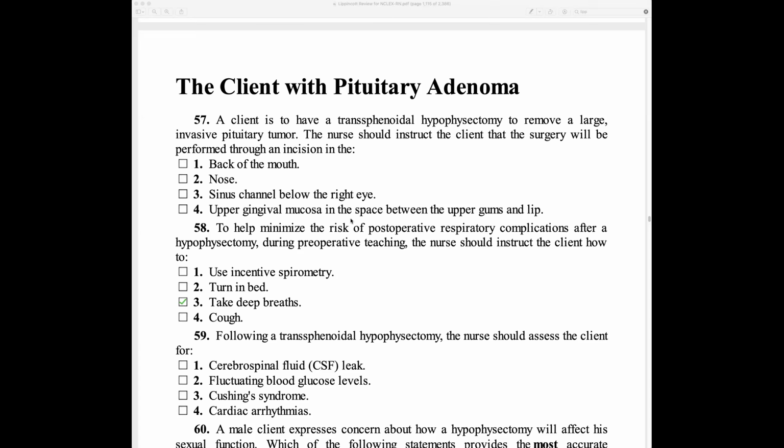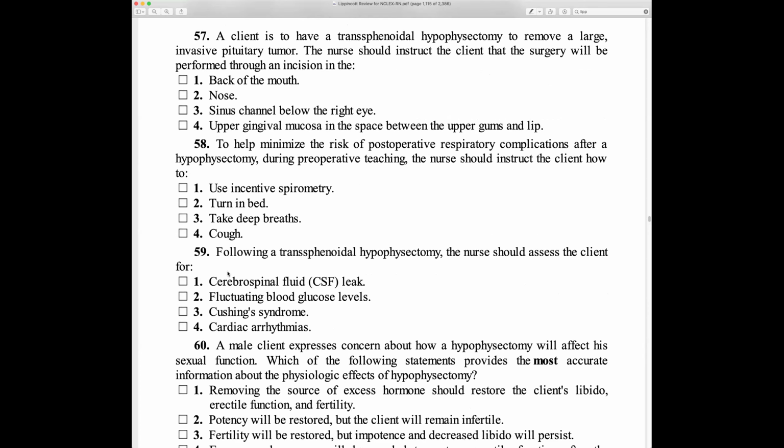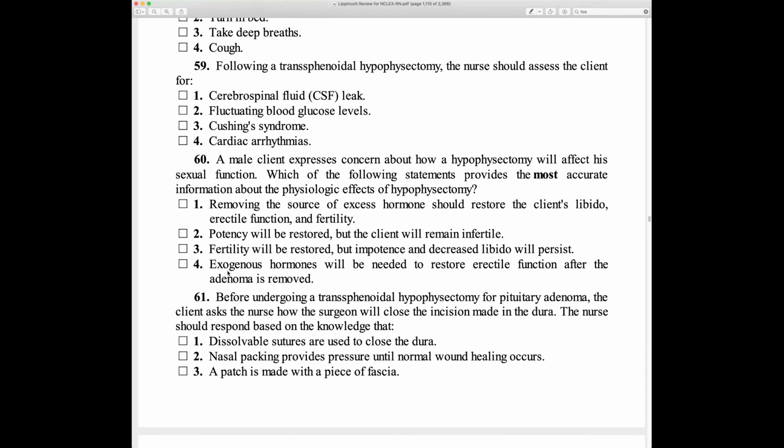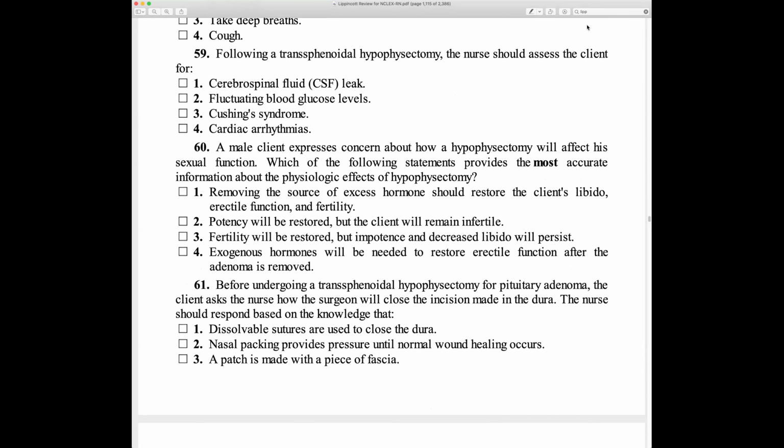We don't want them doing activities like coughing or frequent turning in bed or using a spirometer because those would all increase the ICP and it could disrupt the suture lines by altering the surgical incision site.